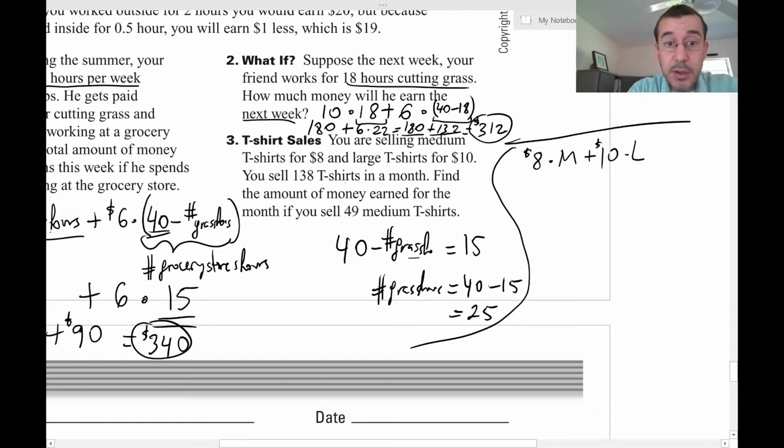You sell 138 T-shirts in a month. Find the amount of money earned for the month if you sell 49 medium T-shirts. So large would be 138, the total amount of shirts you sell, minus the medium ones.